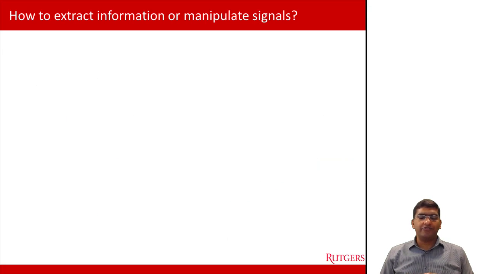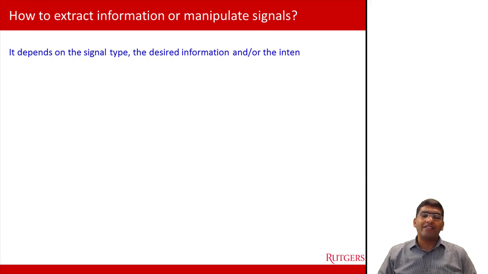So the question is, if signal processing is about extraction of information or manipulation of signals, how do we do it? Well, the short answer is there is no one way of doing it. It really depends upon the signal type, the information that you are interested in, and/or the intended effect that you want to have on the input signal.